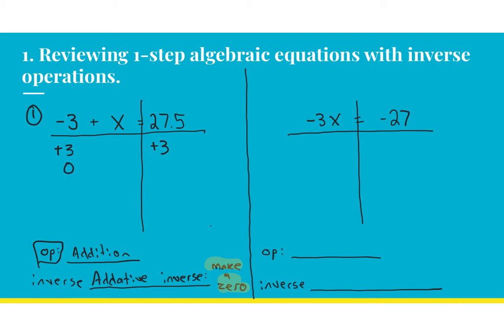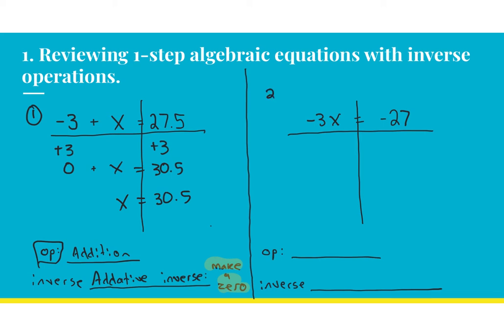That is the definition of the additive inverse. So all we have left is 0 plus x equals 30.5. If we ever have 0 being added to something, we can just get rid of that 0. So x, our unknown value, equals 30.5.